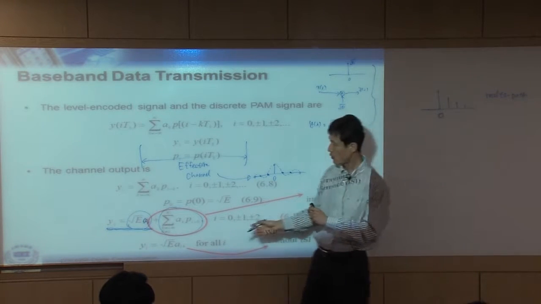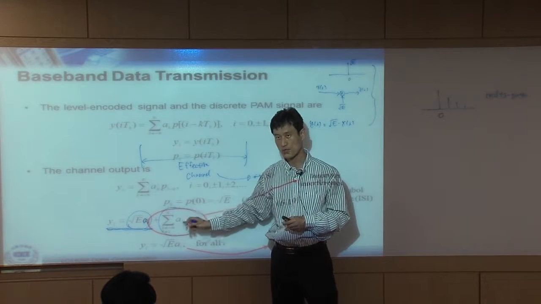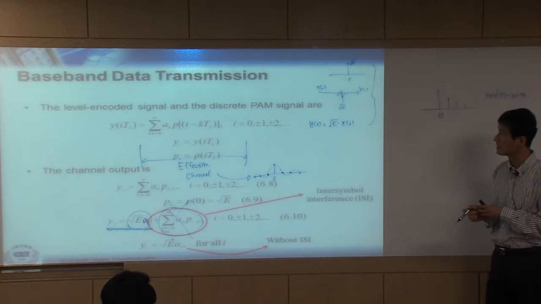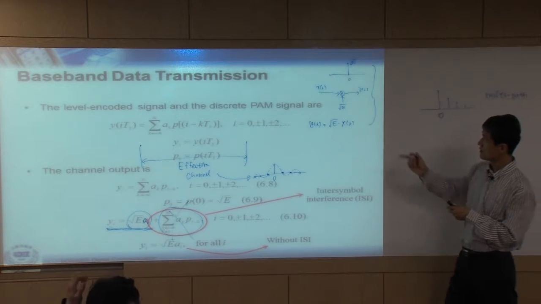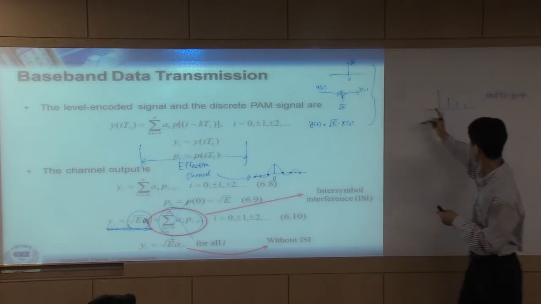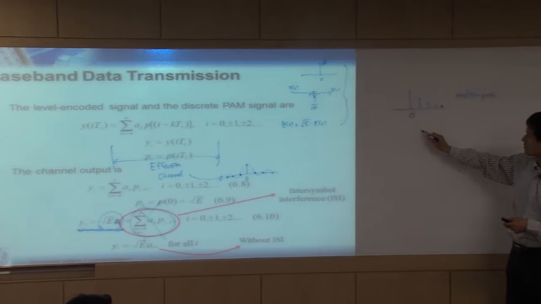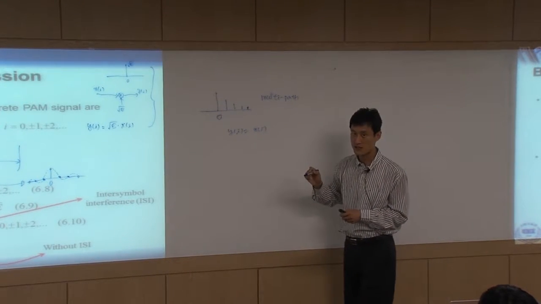However, what is actually happening is, unfortunately, we have many other terms. So we need to remove this term, because this term will create the ISI. Okay? So when you have more terms like this, right? This is actual channel. You have many paths. Because of these many paths, we have many memories. And because of all these things, your actual relationship is not simple as this.